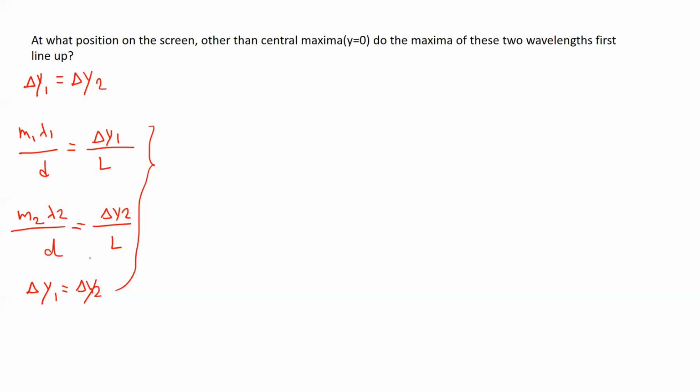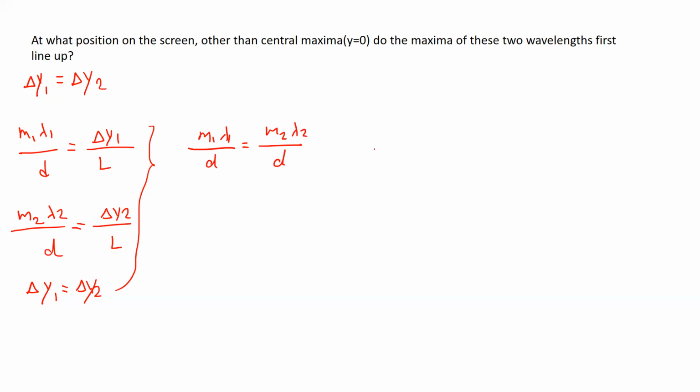If delta y1 equals delta y2, it means the right sides of these two equations are equal. As a result, their left sides should also be equal. So it means m1 lambda 1 divided by d equals m2 lambda 2 divided by d.